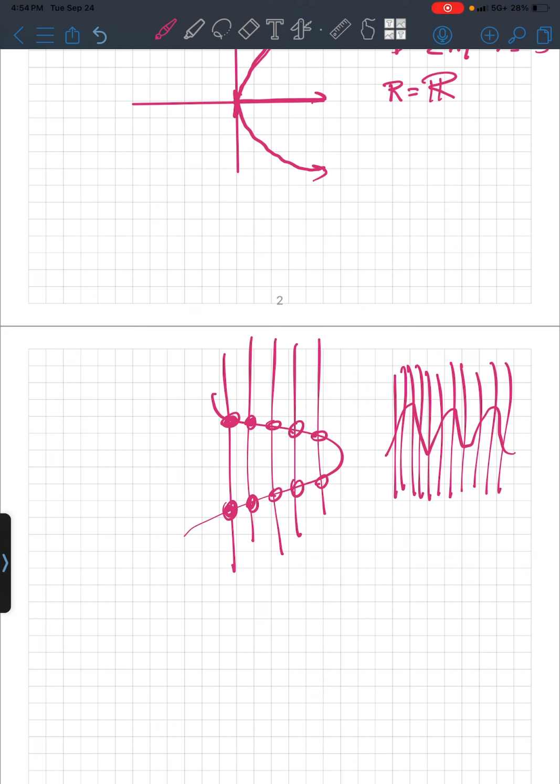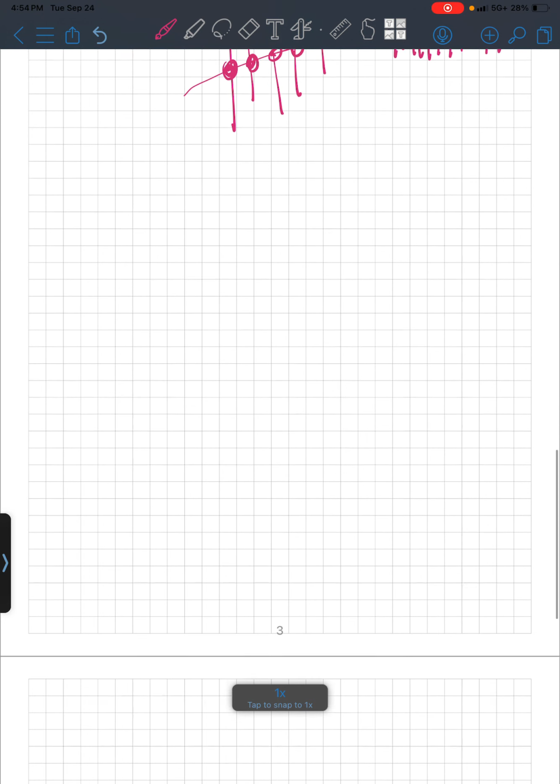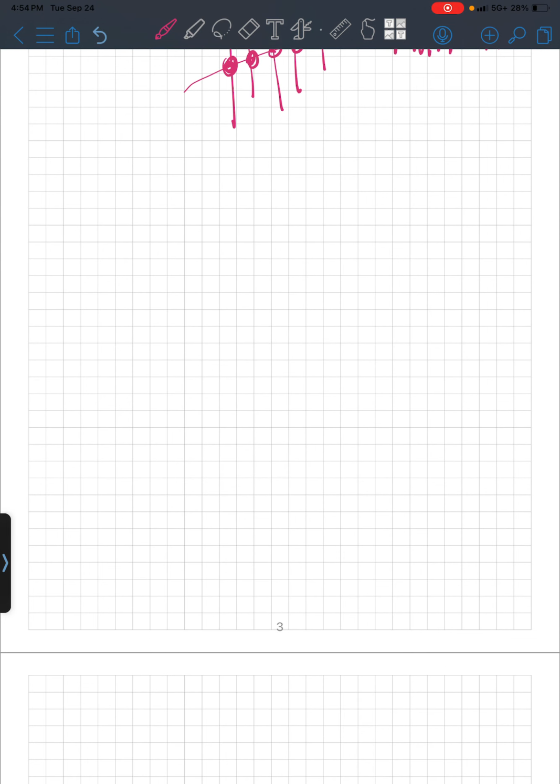In example 5, we are just evaluating. That simply means we're putting what we have in for X. So they have the domain as -2, 0, 4. I'm just putting those numbers in for X one at a time. If it gives us 3 numbers for the domain, we're going to have 3 answers.